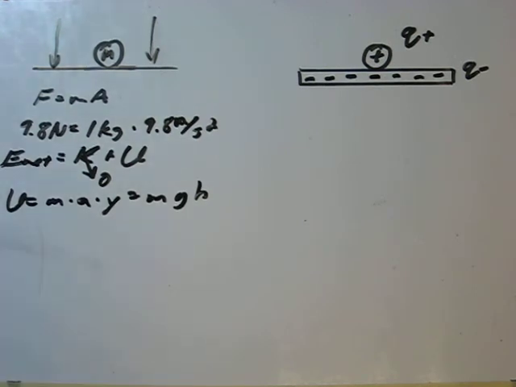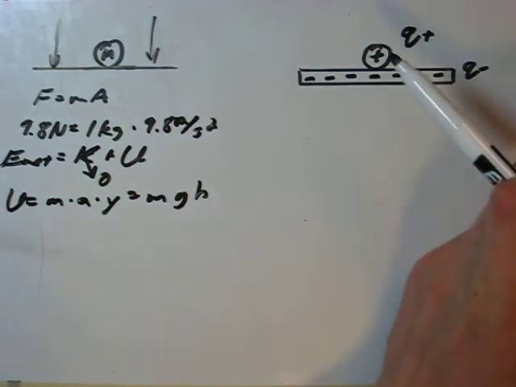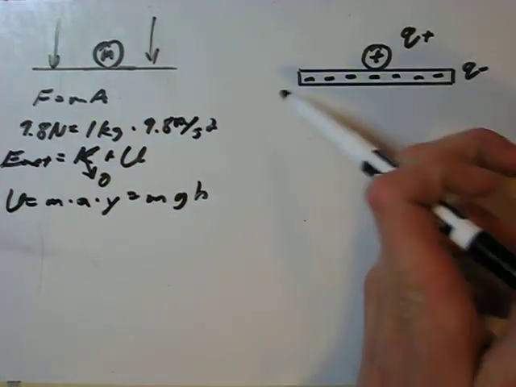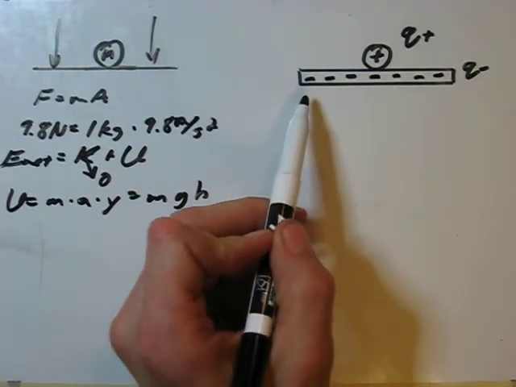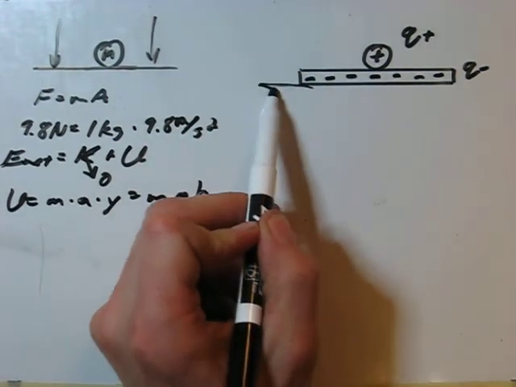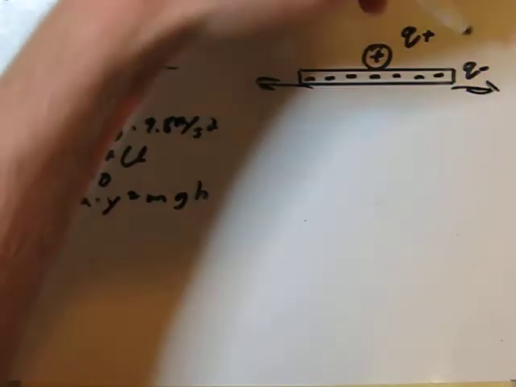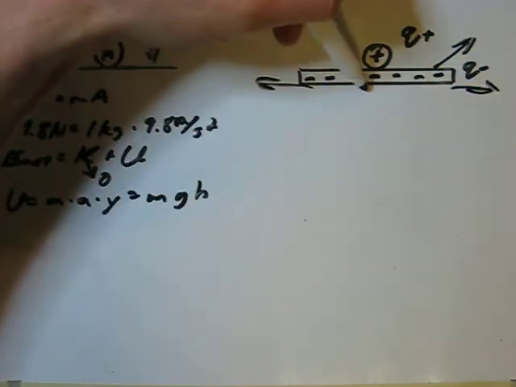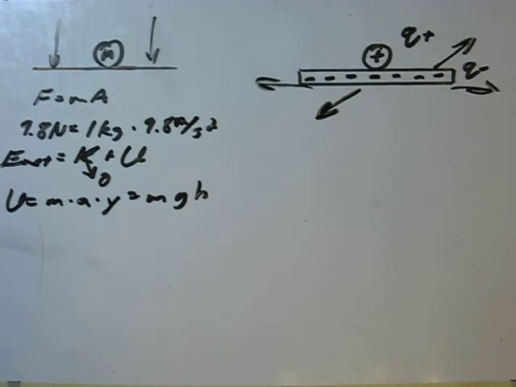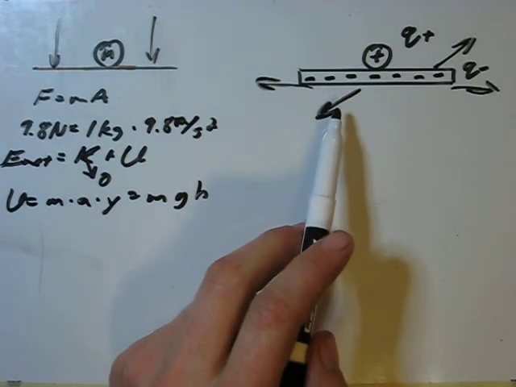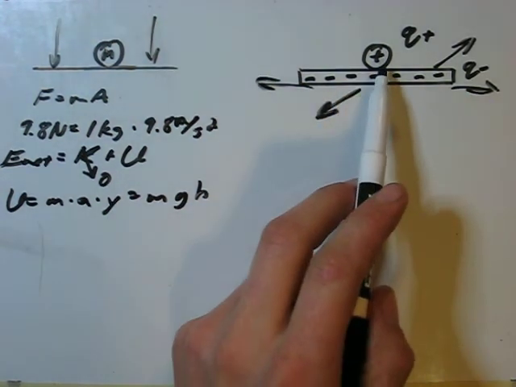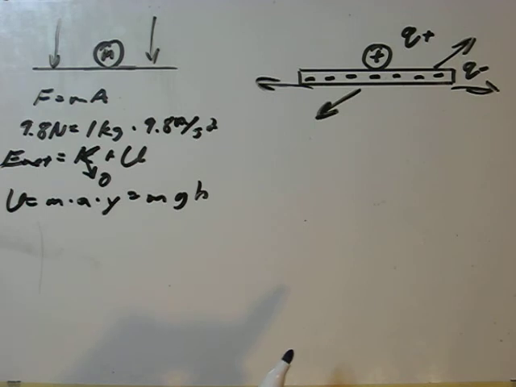Looking over at our positively charged particle, which is attracted to the negatively charged plate, we're going to consider this plate to be infinitely large, because that's what we generally do for these problems when we talk about a charged plate and a very, very tiny proton floating around on it.